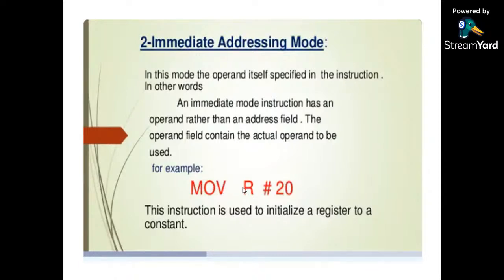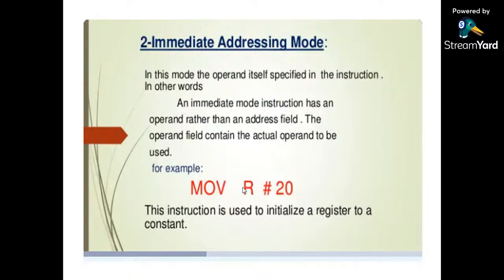This is known as immediate addressing mode, where the value upon which the operation has to be performed is given in the instruction itself. You do not have to go to any memory location or any particular register and fetch the value from there. Understand this thing: what do we mean by immediate addressing mode?